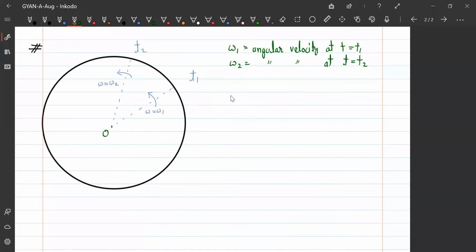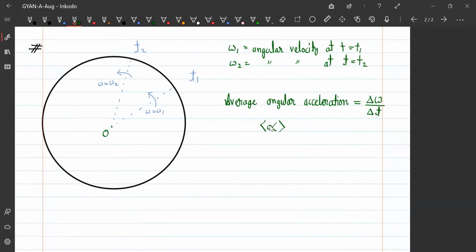So we can define average angular acceleration. Average angular acceleration will be change in angular velocity upon change in time. So average angular acceleration is denoted by alpha.